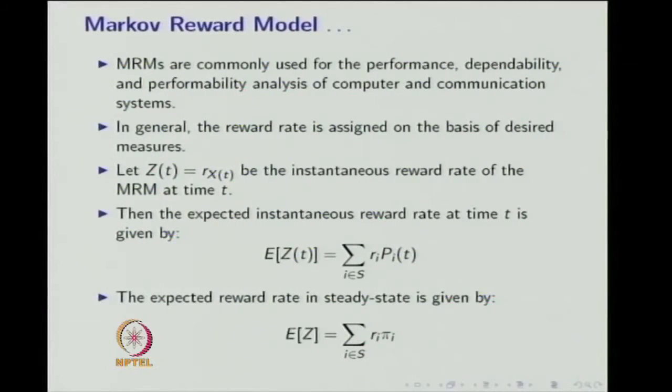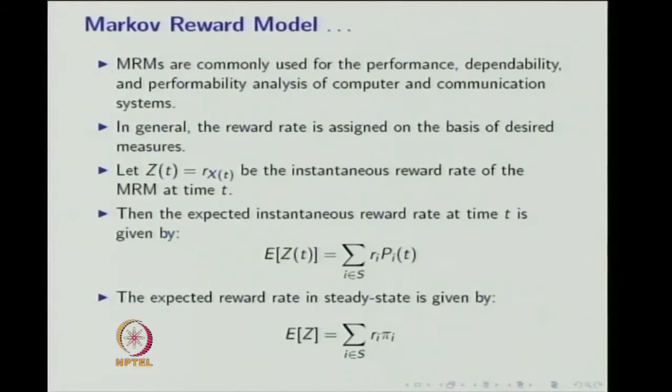Markov reward models are commonly used for the performance, dependability and performability analysis of computer and communication systems. In general, the reward rate is assigned on the basis of desired measures. Let Z of t, equal to R suffix X of t, be the instantaneous reward rate of the Markov reward model at time t.